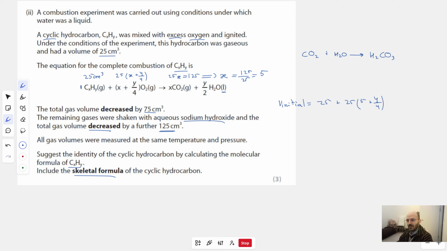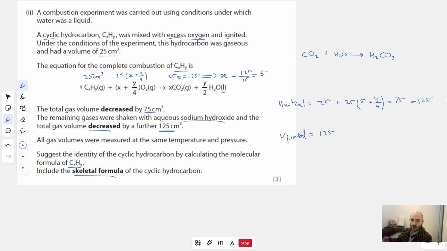The final volume is only the volume of CO2, which is 125. The initial volume is greater than the final volume, so if you take away 75 cm³ from the initial, you get the final, which is 125.